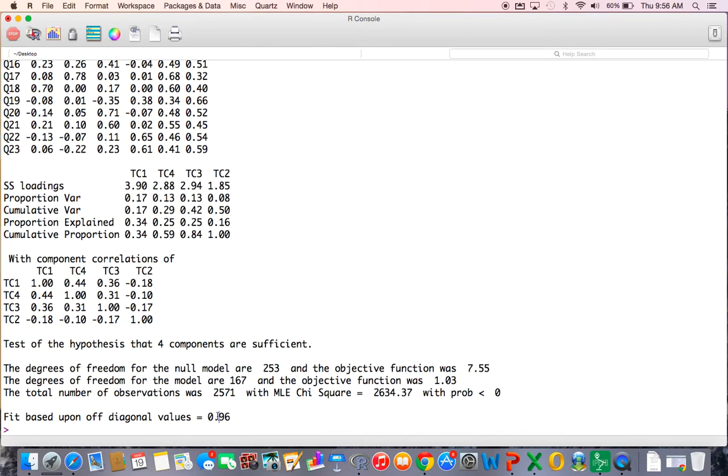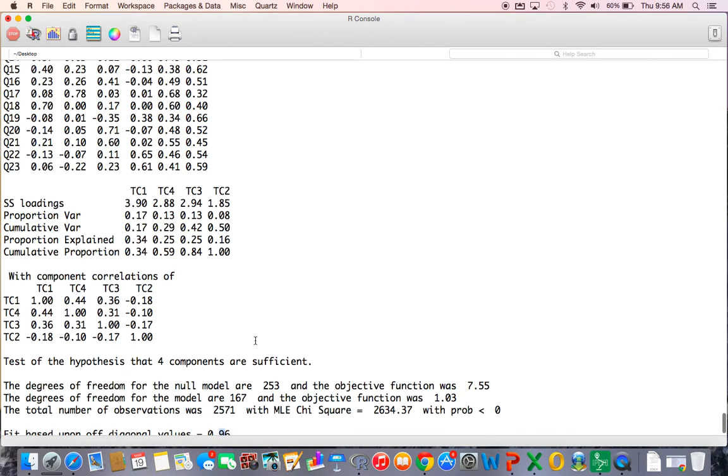Now, the first thing I notice is 0.96 is the same. That's encouraging. The next thing I want to look at is the component correlation. So we can see that component 4 and component 1 are highly correlated at 0.44. In fact, component 1 and component 3 are relatively highly correlated too at 0.36.